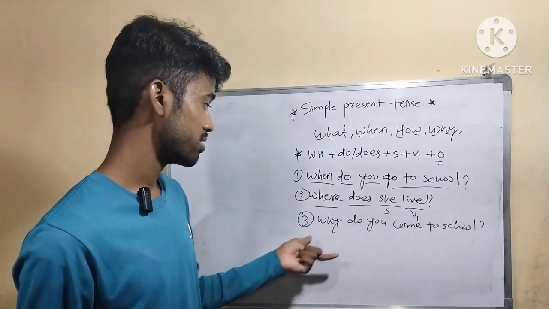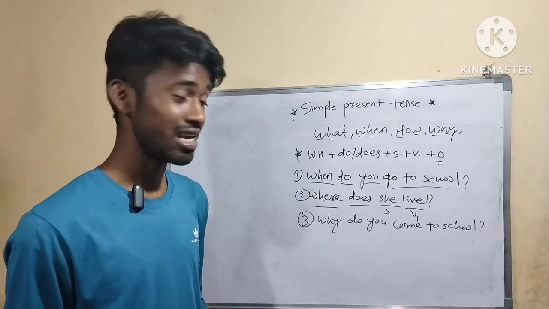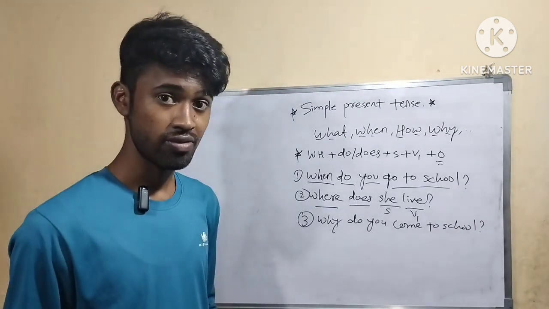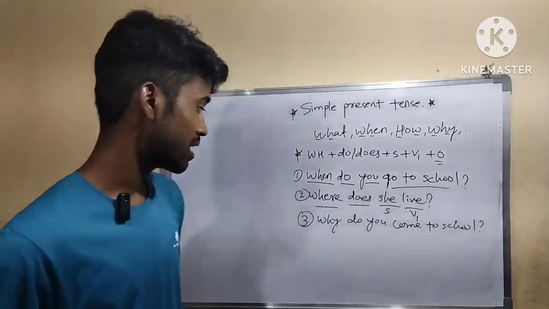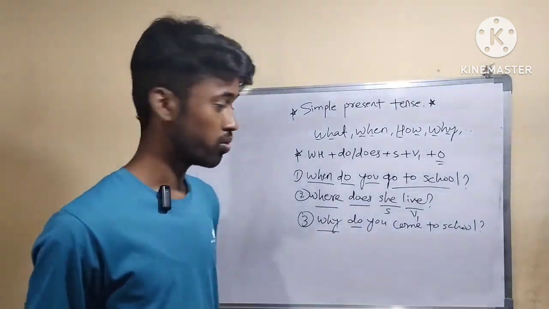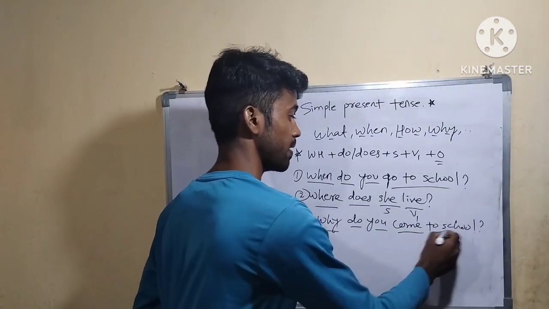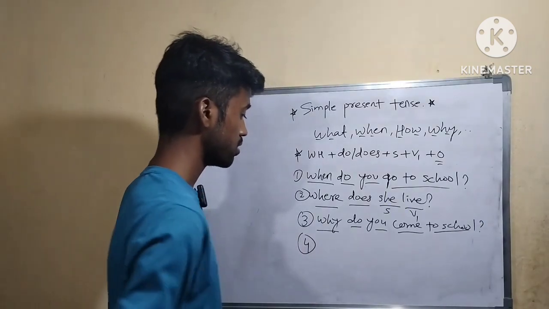Already I told you, if someone is asking you why do you come to school, you can't answer yes, I come to school, or no, I don't come to school, so they will think you are mad. Okay, don't answer like that. So see the structure. First WH word, after that do, because here you is the subject, after that the first form of verb, and after that the object. Let's take one more example.